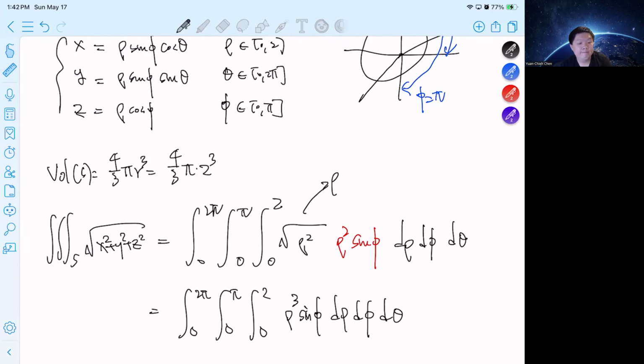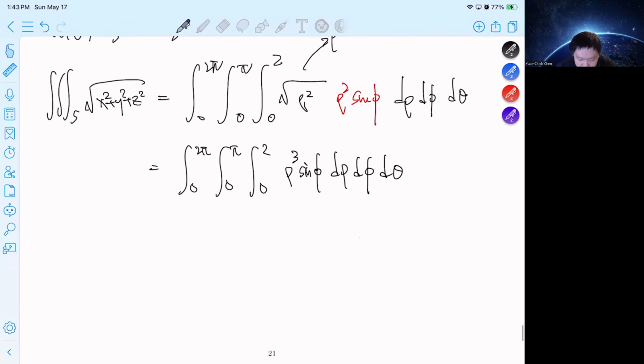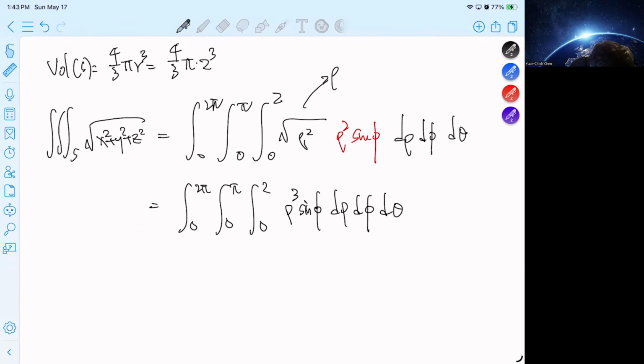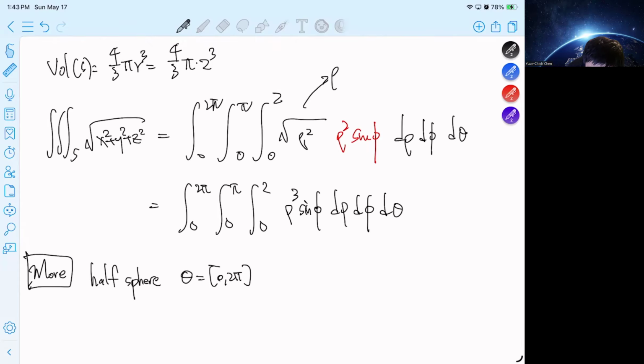I trust you. Okay, so quick review on spherical coordinates. Even though I finished the handout, I want to do something more. For example, if we have a half sphere, theta is also from 0 to 2 pi, but be careful, phi will be from 0 to pi over 2.